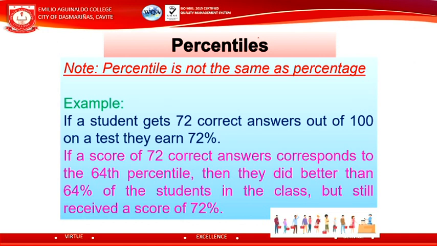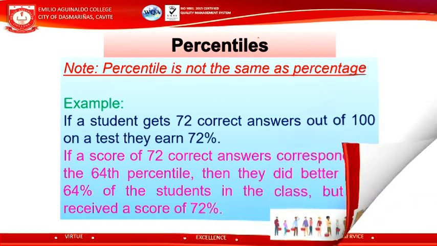If we divide the data set of all the students who have taken the test, that student was just located at the 64th percentile. So that person did better than 64 of the other students in the class but still received a grade of 72%. That's the difference between percentile and percentage. They are not the same because percentile is a positional measure.